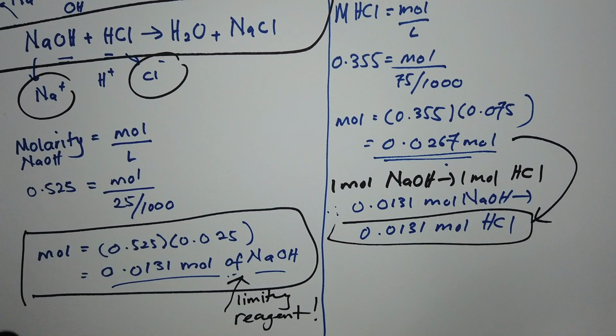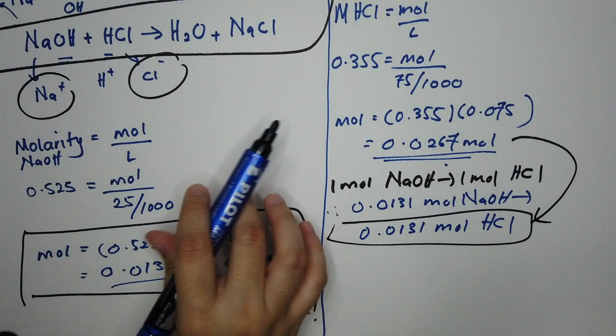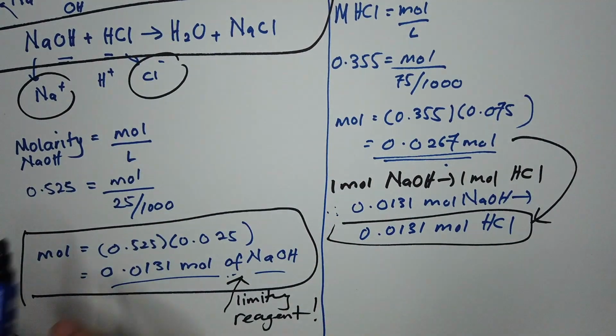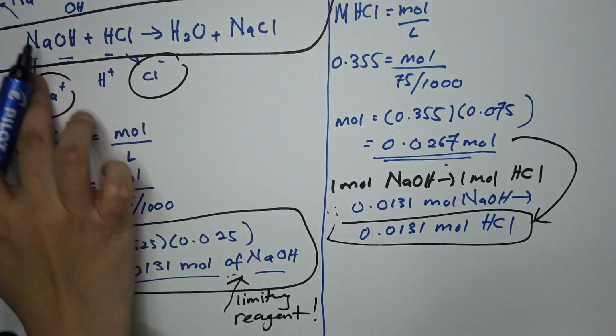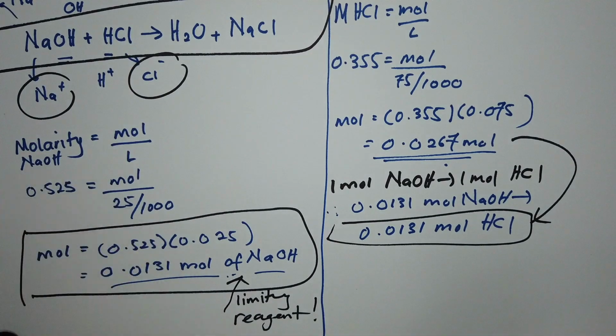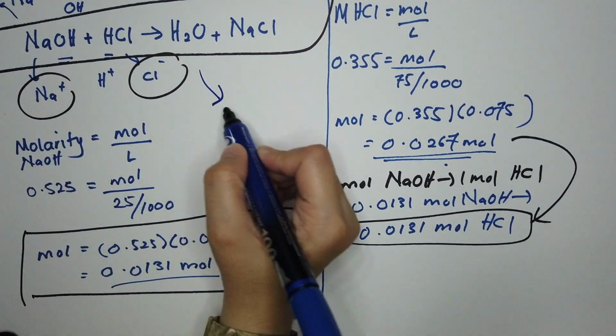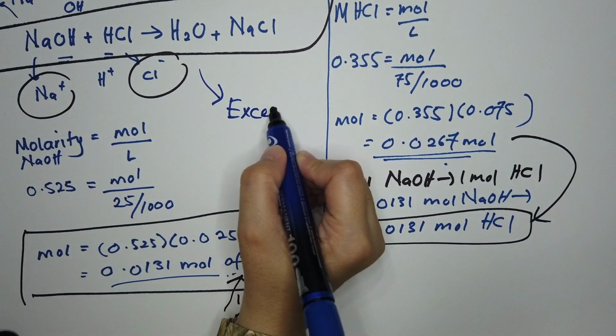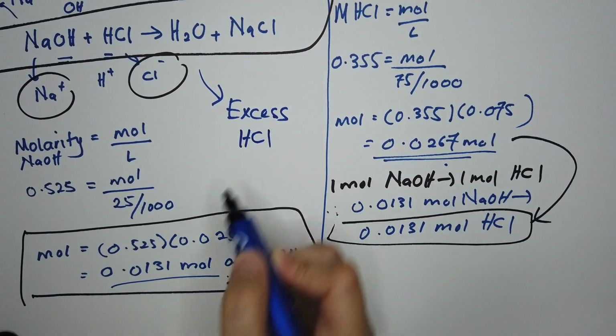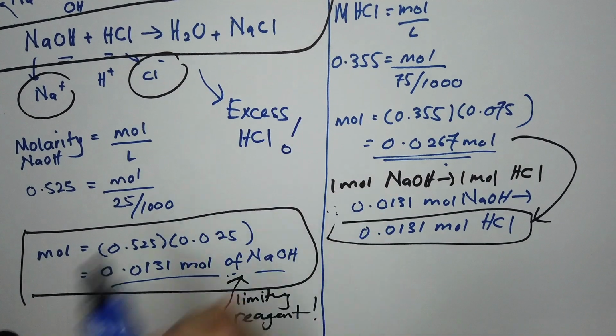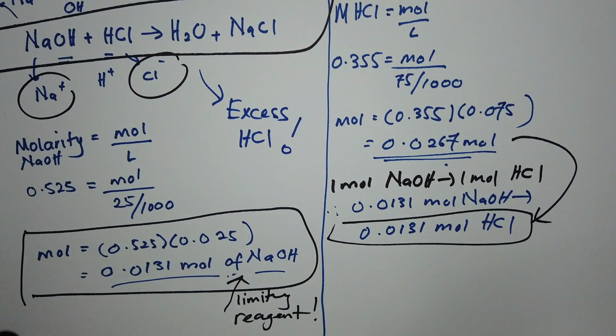This means that not every single thing is reacted, because HCl is in excess. Now you need to understand how much HCl is in excess.